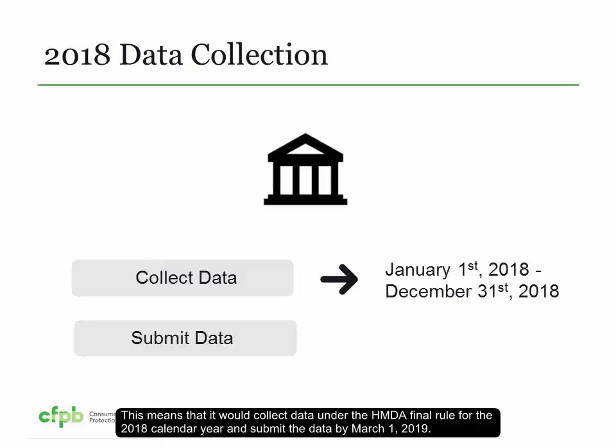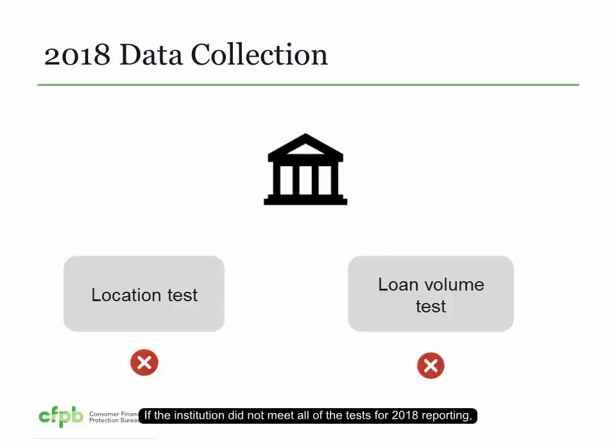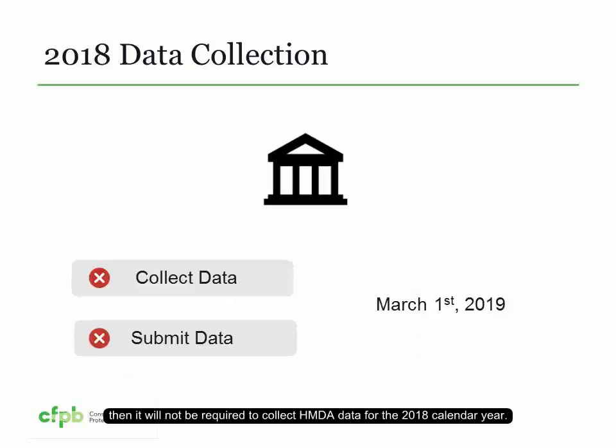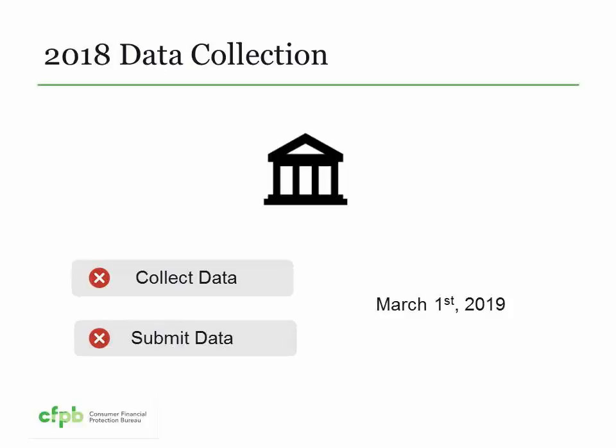This means that it would collect data under the HMDA Final rule for the 2018 calendar year and then submit the data by March 1st, 2019. If the institution did not meet all of the tests for 2018 reporting, then it will not be required to collect HMDA data for the 2018 calendar year.